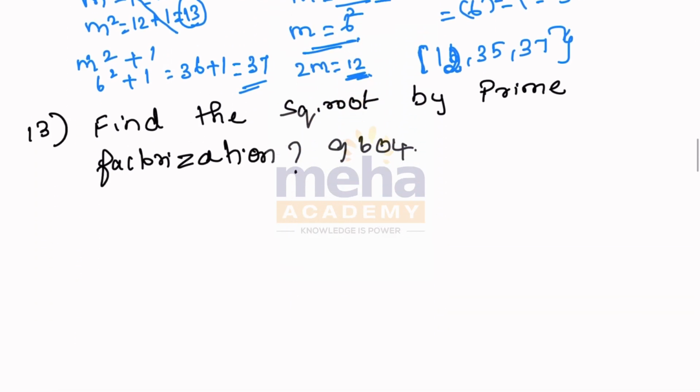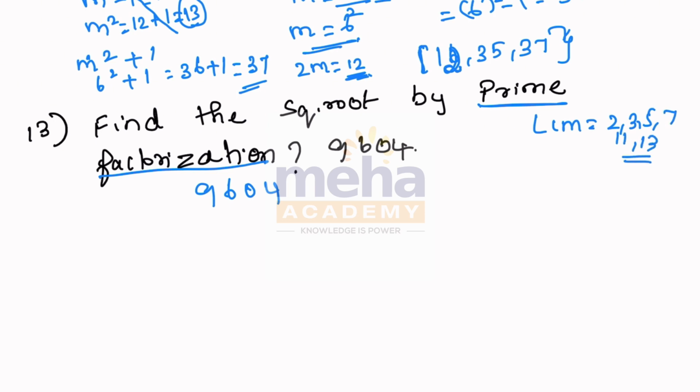Find the square root by prime factorization. What is the meaning of prime factorization? I should do LCM only using prime numbers like 2, 3, 5, 7, 11, 13. Here, since the number ends with 4, I use the 2 table. 4 2s are 8, balance 1, 8 2s are 16, 0, 2 2s are 4.